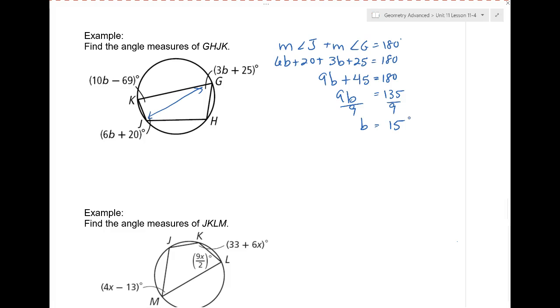Now, guys, here's the thing. If you don't love plugging in, do it as little as possible. Because again, what do we know about opposite angles? They're supplementary. So for instance, what if I chose to find the measure of angle G first? So I go here, I got 3 times 15 plus 25. What does that give us for a value?